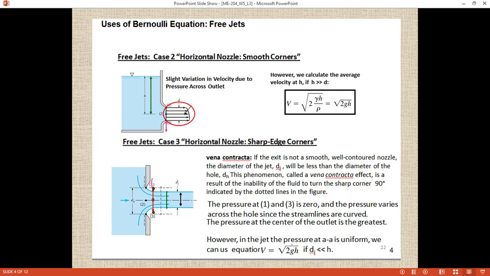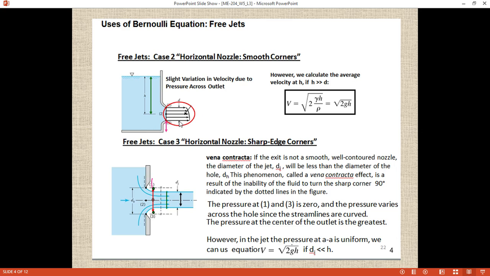Let's see the second case: free jet, case number 2, horizontal nozzle, smooth corner. Here you can see the nozzle is not at the bottom. In this case the nozzle is on the horizontal surface.